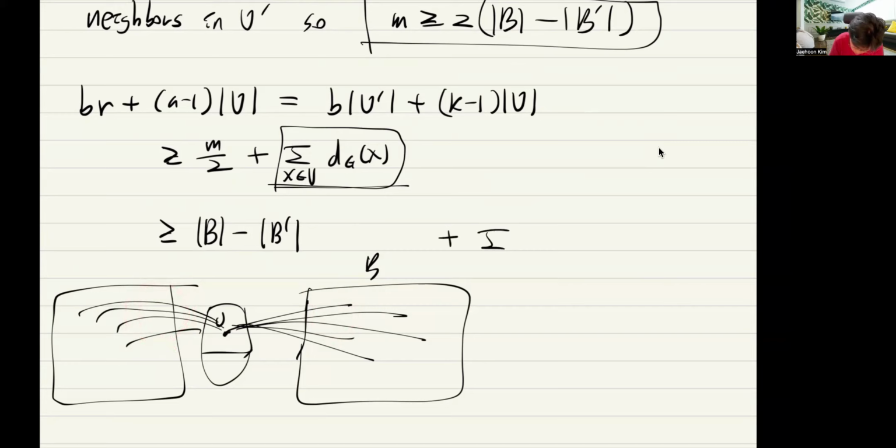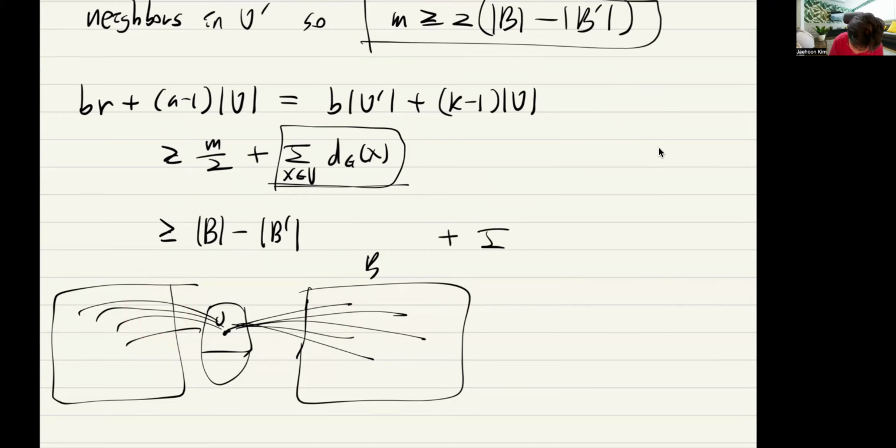So how do you count this? You count the number of neighbors in A, and you simply add this B prime here. And that's the lower bound.